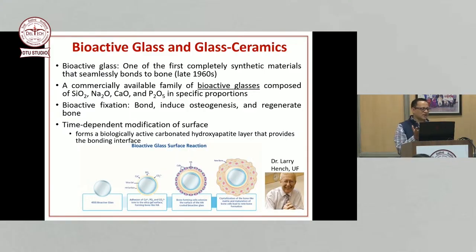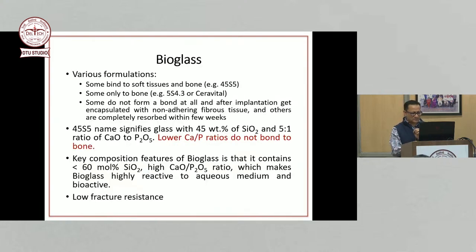So now bioactive glass is a completely synthetic material that bonds to bone. In the late 1960s, when Professor Hench started working on it, it was commercially available, composed of silica, sodium, calcium, phosphorus. They can induce bone osteogenesis, regenerate bone. Okay, so there can be different formulations of bioactive glass.